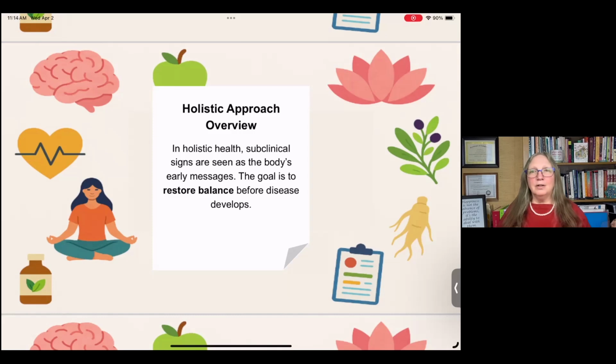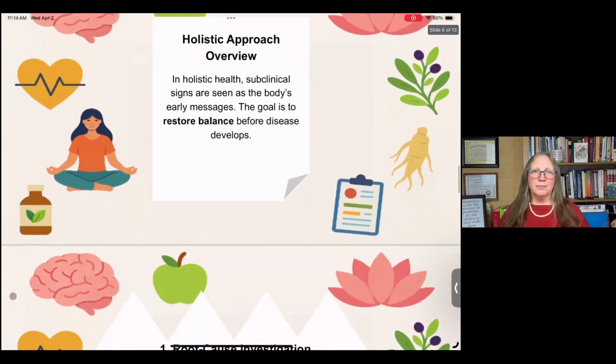And the goal is to restore balance before we have disease. Now, that doesn't mean we can't help with disease, but the key piece is to catch these things early, when you see the first tiny signs, before you go into a full-blown disease.